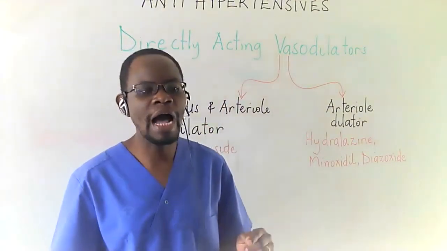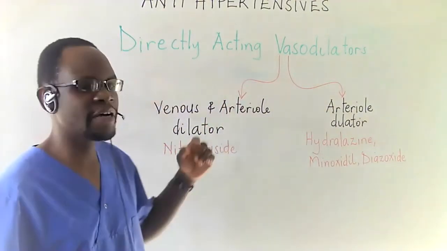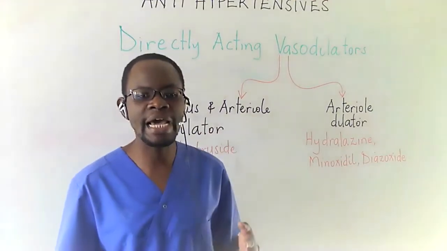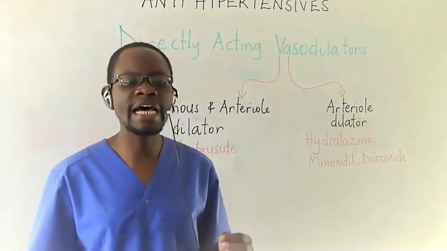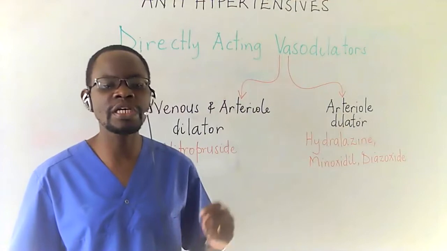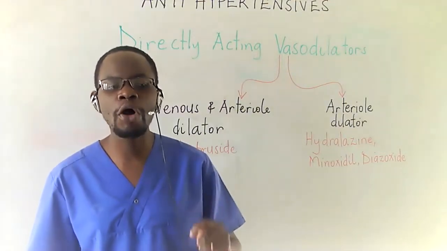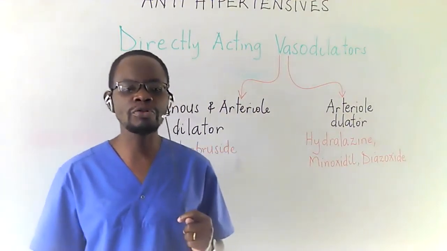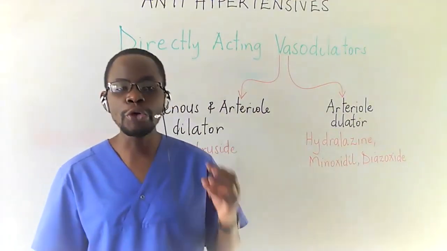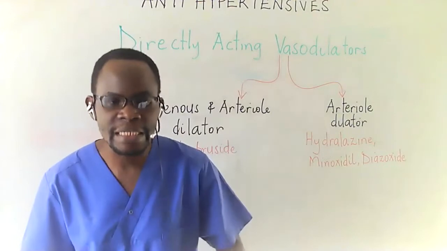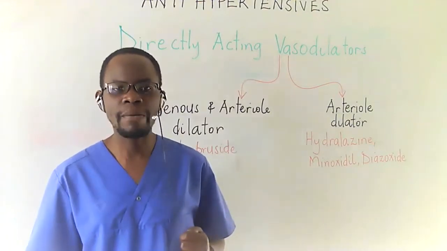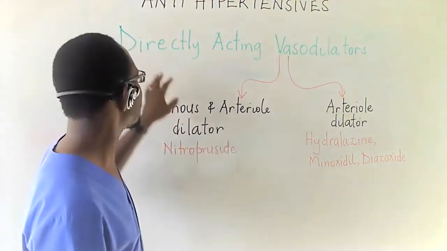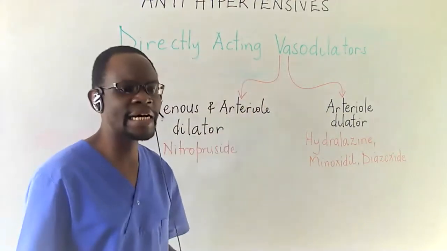If you have a vasodilator on the arterial side, you will have a decrease in total peripheral resistance, and therefore a decrease in blood pressure. So today we want to look at directly acting vasodilators.